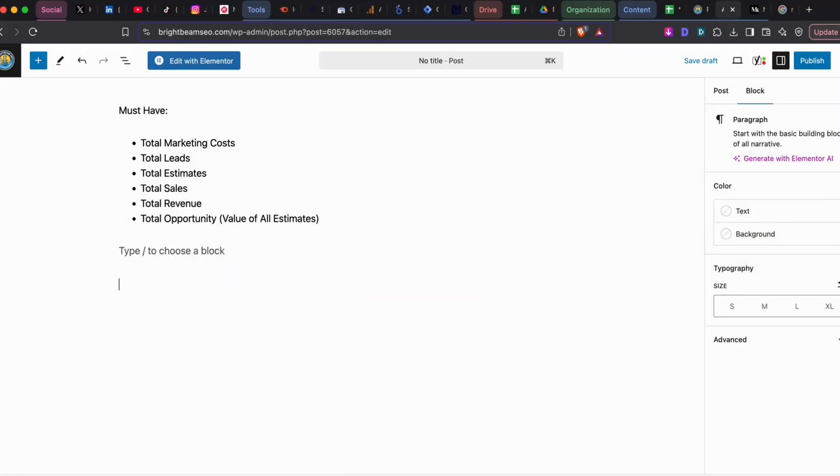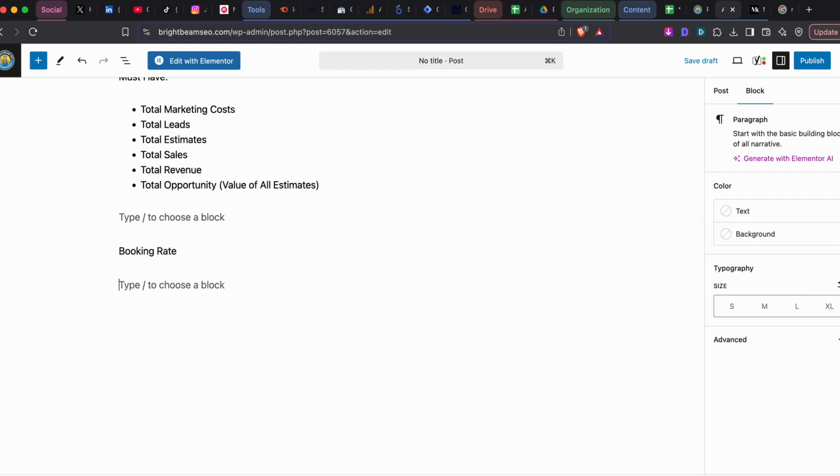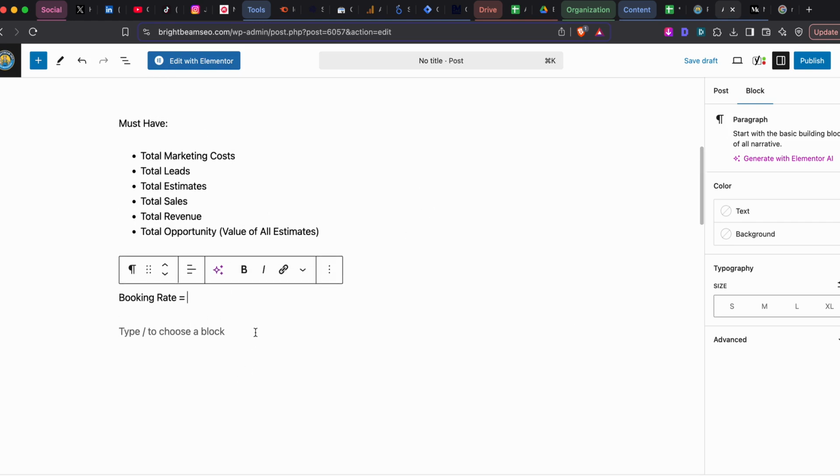We'll start with booking rate. Number one is booking rate. Key metric. Booking rate is the total number of estimates divided by the total number of leads.